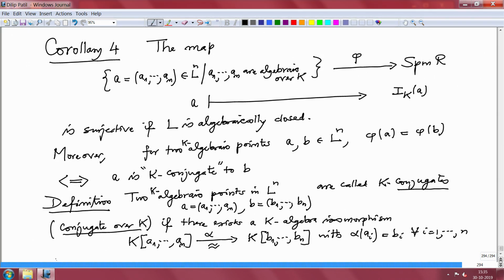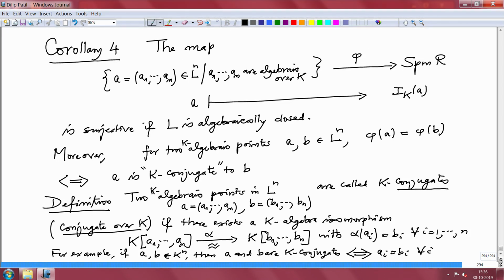Alright, now we should give some example. For example, if the points are already in K, if A and B both are in K power n, then A and B are K-conjugates if and only if Ai equal to Bi for all i equal to 1 to n.